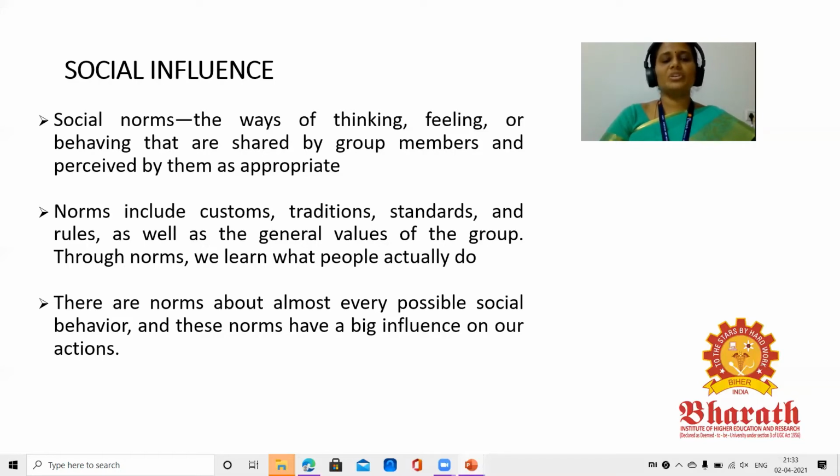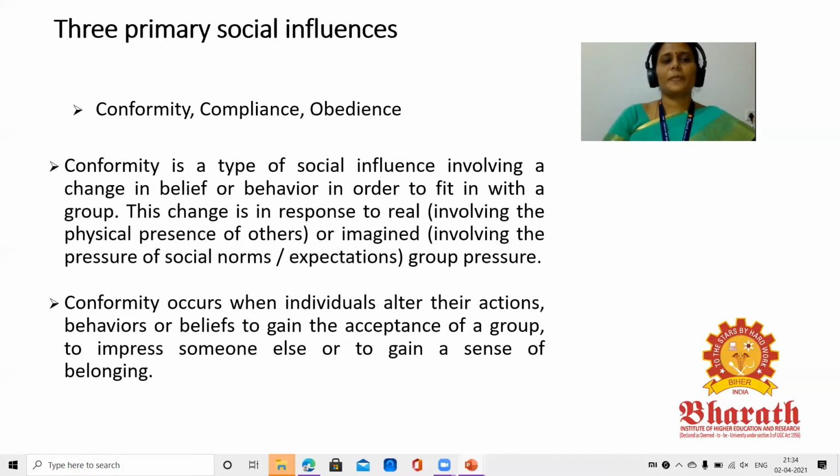Norms include customs, traditions, standards, and rules, as well as general rules of the group. We obey those norms. We learn from the group members. So social norms also influence us to behave in a certain way. There are norms about almost every possible social behavior, and these norms have a big influence on our actions.